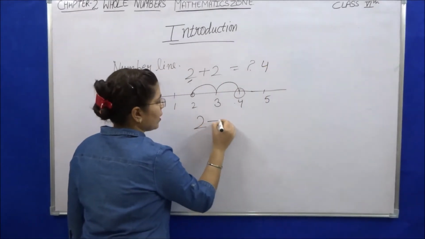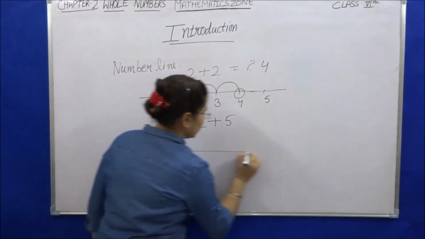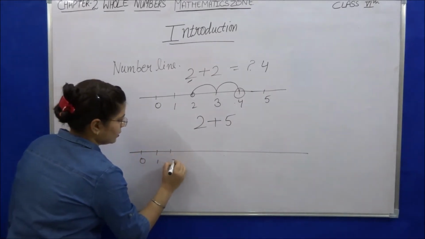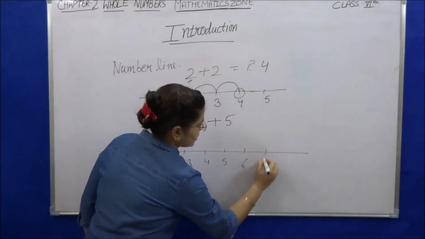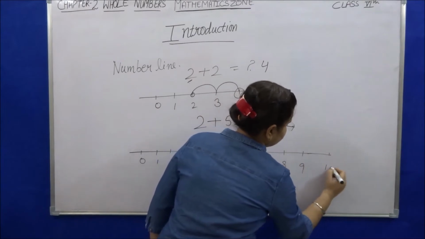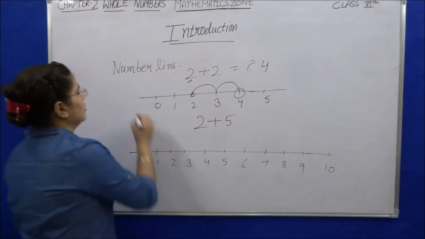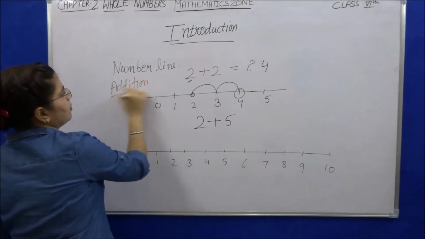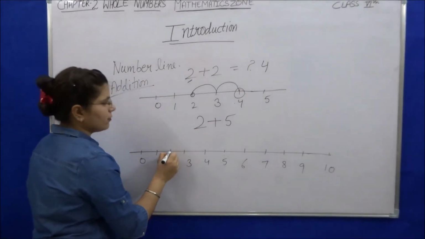Similarly, if you want to find 2 + 5, then it will be represented as 0, 1, 2, 3, 4, 5, 6, 7, 8, 9 and 10. Now we want to find the addition of 2 and 5. That is addition on a number line. First number is 2, we will start from 2.